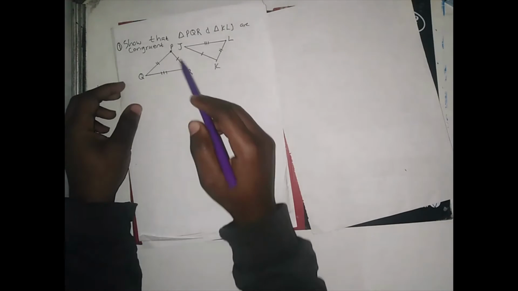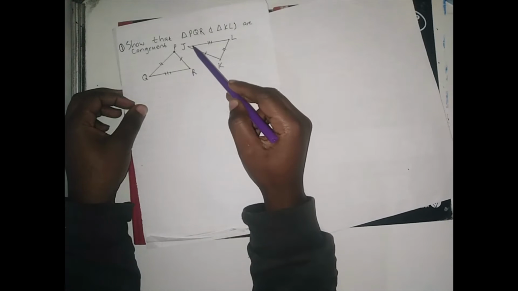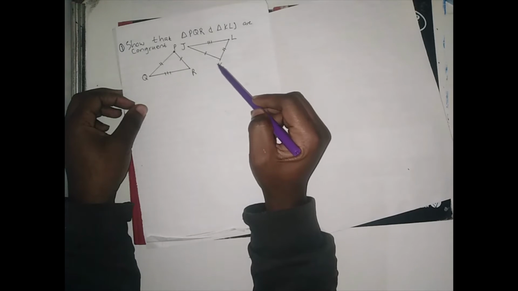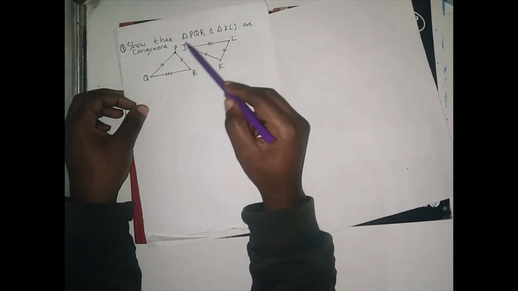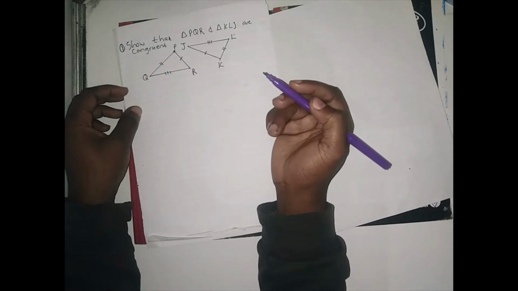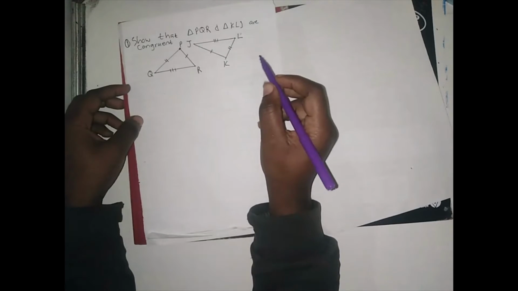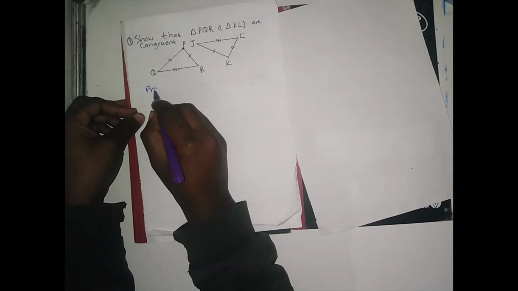They want us to show that triangle PQR is congruent to triangle KLJ. So how do we show that? Let's say proof.